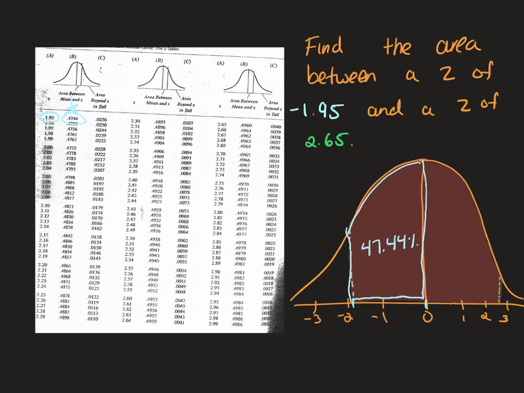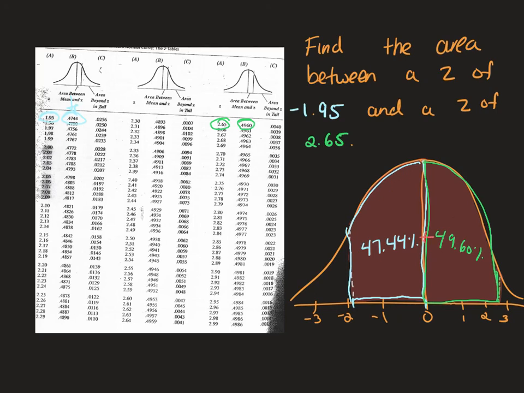So now I've figured out one of the two portions that I'm looking for, the area from 1.95 to the mean, but I'm still left with this other segment from the mean going to 2.65. So I'm going to look that up in the table, and I see that area is noted as being 49.60%. This shouldn't be surprising because we just found these two areas a moment ago. But this time I'm looking for the total of these two areas added together rather than these areas subtracted from one another.